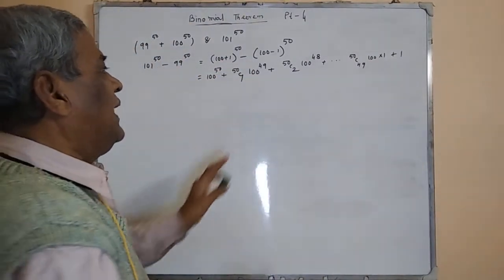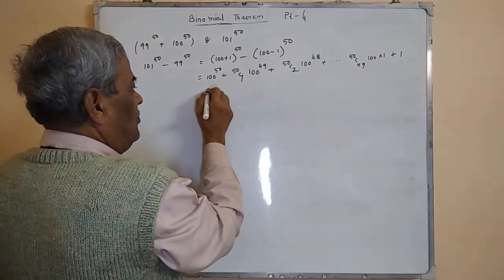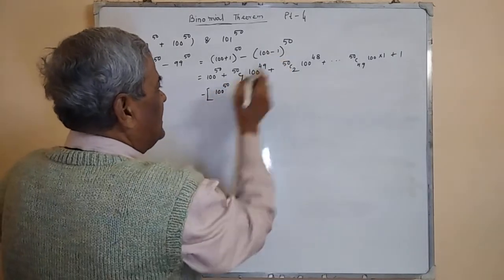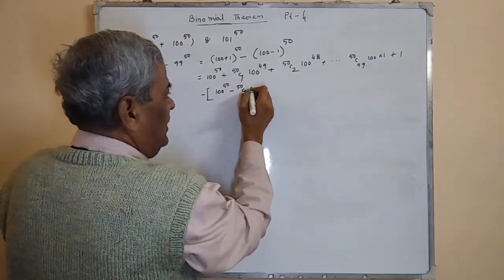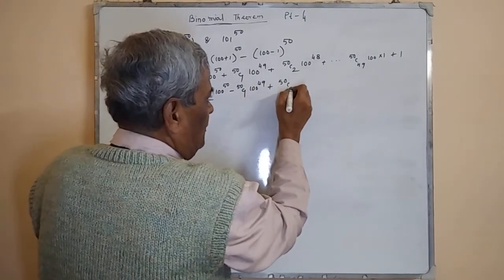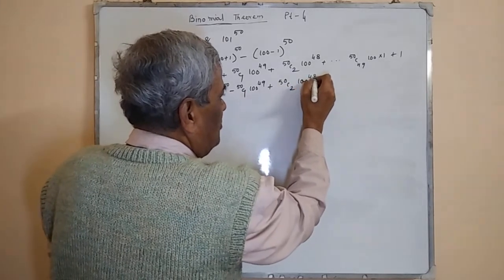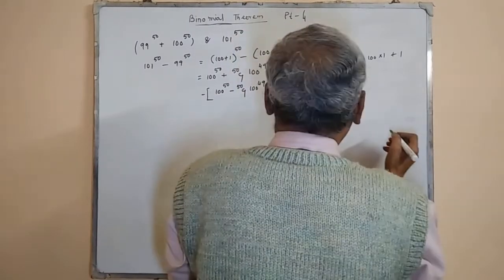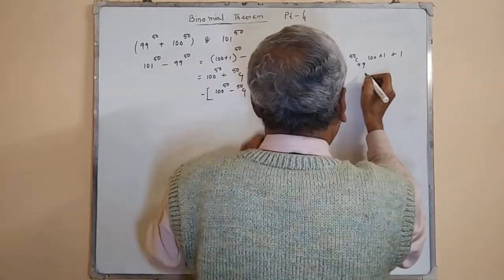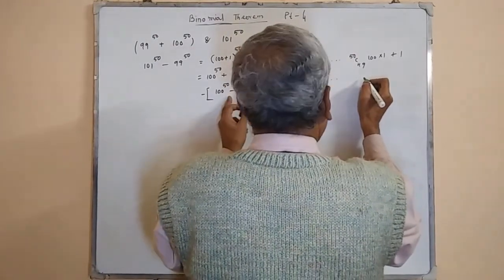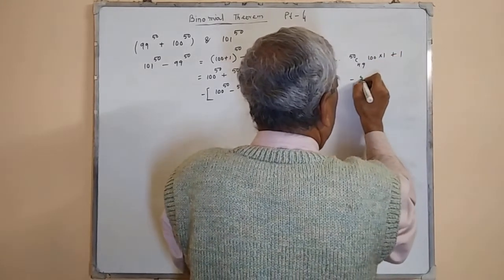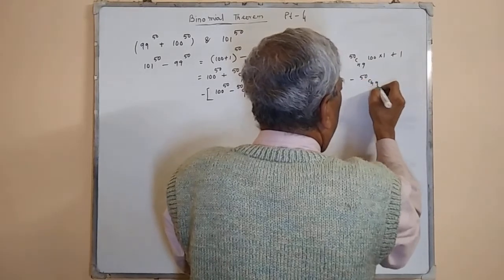This one is equal to that minus 100 to the power 50, then minus 50C1 100 to the power 49, then plus 50C2 100 to the power 48 minus, this way, then when 49 is negative, so minus 50C49, plus 1.